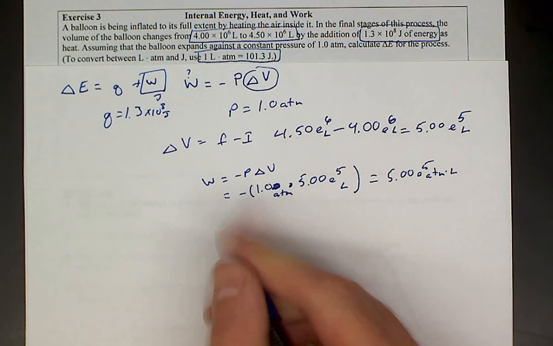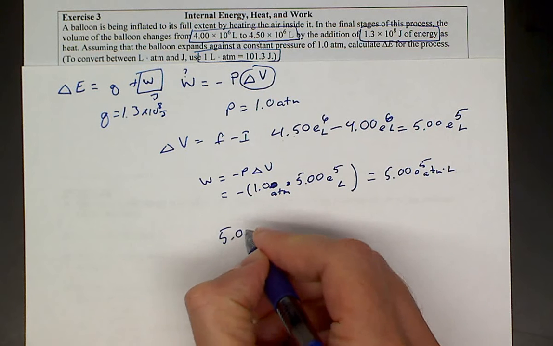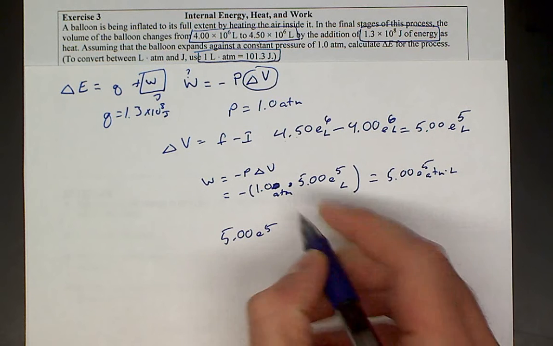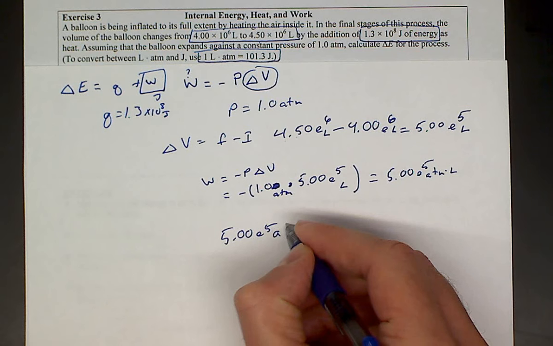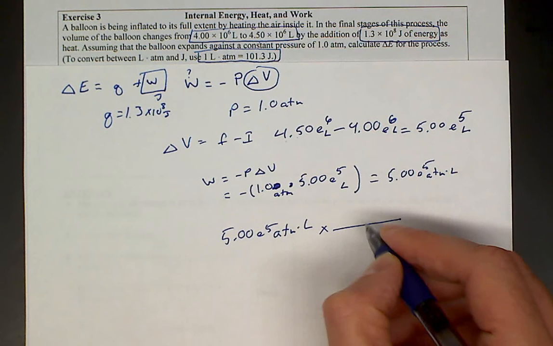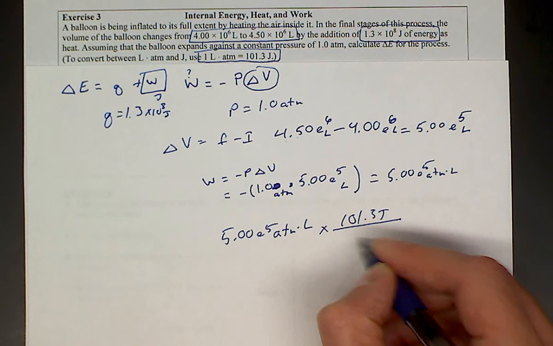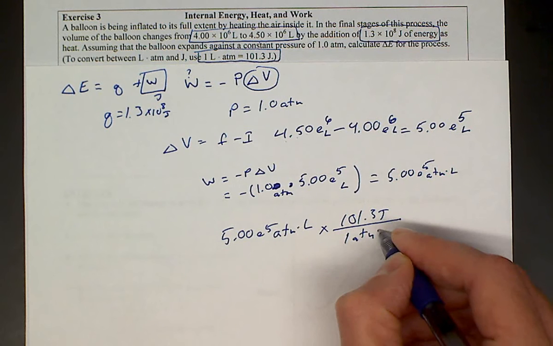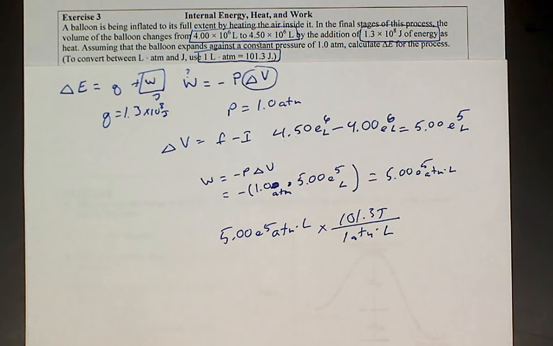All right, so 5.00 E to the 5th atmospheres per liter, okay, times 101.3 joules is 1 ATM per liter. Okay, and they don't expect you to write these out.